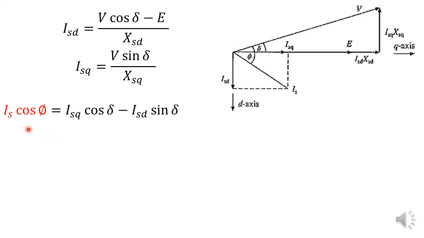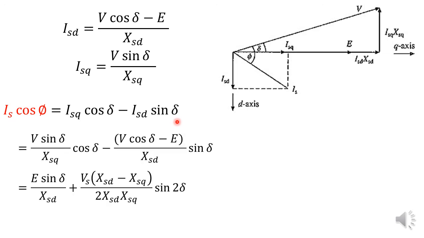Now we have to write the expression for IS cos phi in order to write the expression for the power. So IS cos phi is equal to ISQ cos delta minus ISD sin delta. Substituting the values of ISQ and ISD as obtained earlier, we will get the final expression like this.